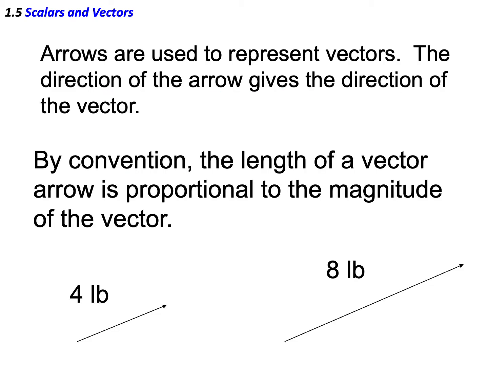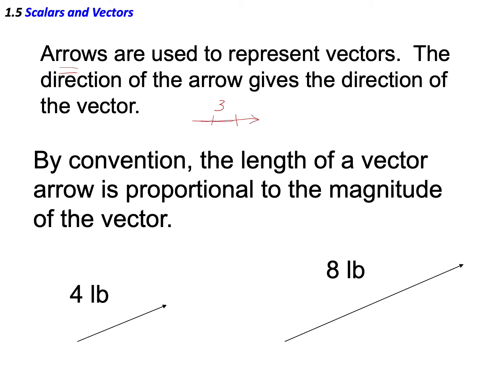Okay, so how do you represent a vector? We use an arrow to represent a vector. The length of the arrow, let's say 3 units, and the arrowhead pointing in the direction of the vector.